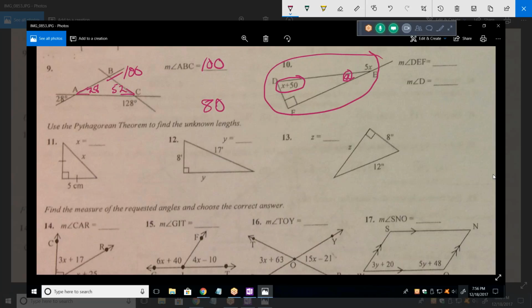And these two angles of a right triangle, the two acute angles, in other words, the two angles that are not the right angle, always are complementary. They add to 90. Okay? So I can say that the measurement of angle A, plus x plus 50, has to equal 90.